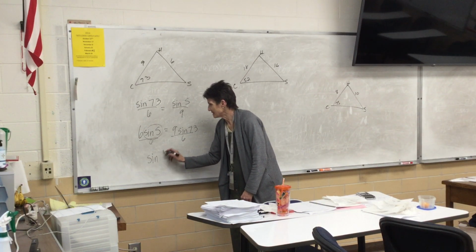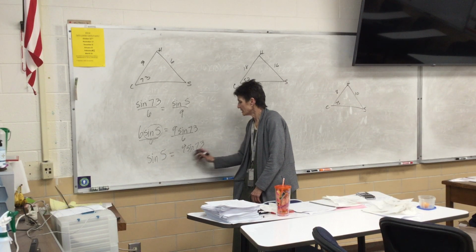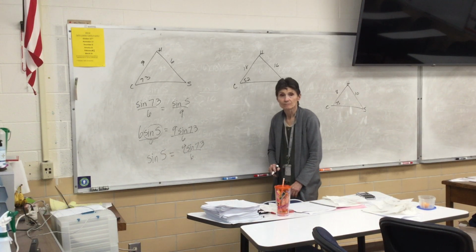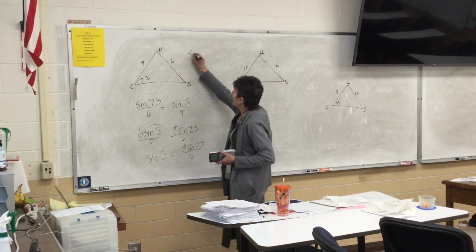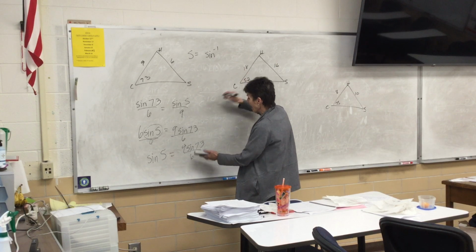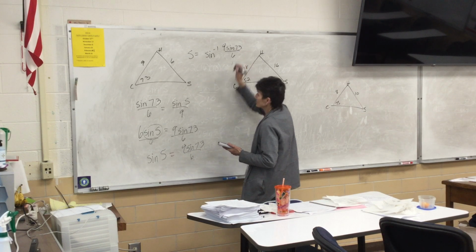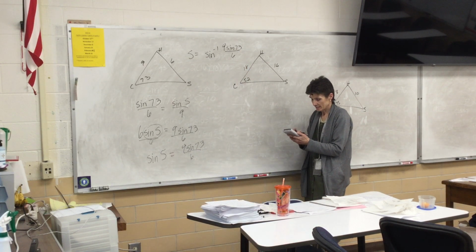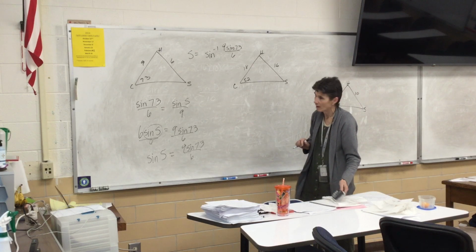So sine S equals 9 sine 73 over 6. So S equals second sine of that fraction, 9 sine 73 over 6. So here we go. Second sine 9 sine 73, close parentheses, divided by 6 equals, oh no!